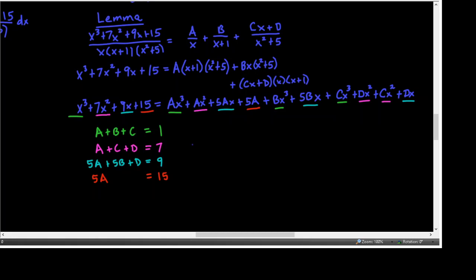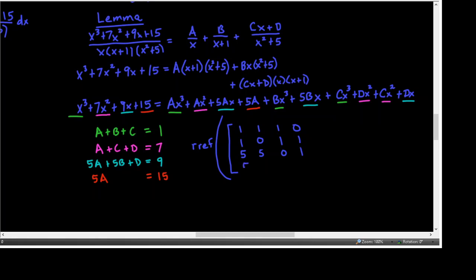Okay, so we're going to do the reduced row echelon form of the matrix that is 1a, 1b, 1c, 0d. Next line, 1a, 0b, 1c, 1d. Next line, 5a, 5b, 0c, 1d.